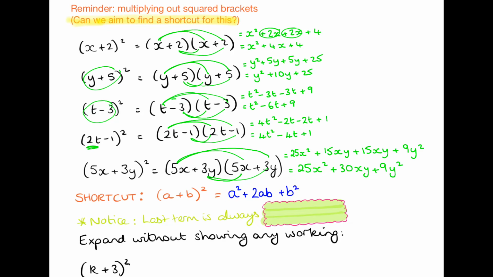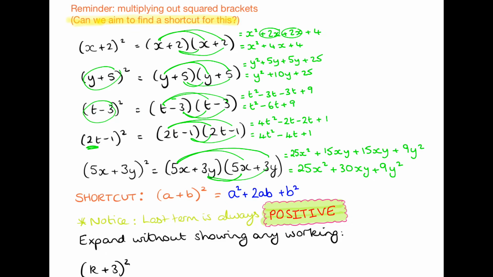But I want you to notice that regardless of whether we've got a plus or a minus in the brackets here, this last term is always positive, because it's always something squared, so it means something multiplied by itself, and something multiplied by itself will always have to be positive because the signs match. So remember that the last term is always positive.